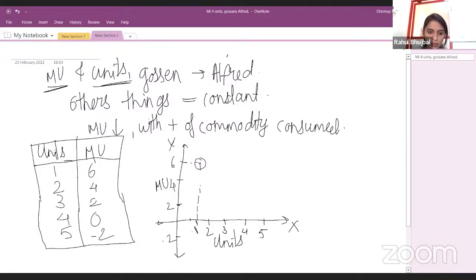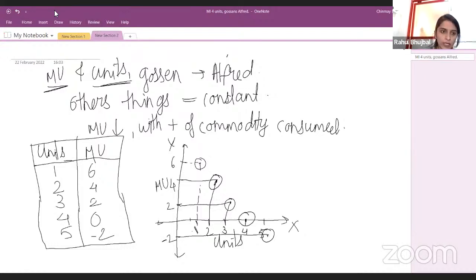When the second unit is being consumed, marginal utility is 4. This is our second point. When the third unit is consumed, marginal utility is 2. When the fourth unit is consumed, marginal utility is 0. And when the fifth unit is consumed, marginal utility is -2. That is, it is showing dissatisfaction, right?